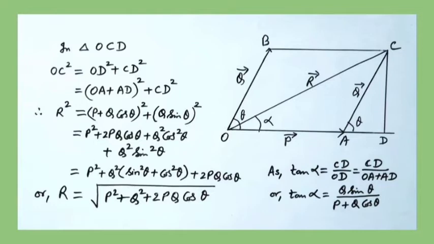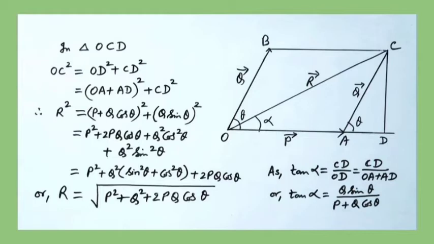In right angled triangle OCD, OC square is equal to OD square plus CD square, which is equal to OA plus AD whole square plus CD square, since OD is equal to OA plus AD. Therefore, R square is equal to (P plus Q cos theta) whole square plus (Q sin theta) whole square.